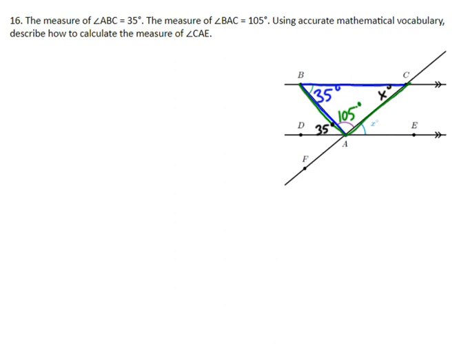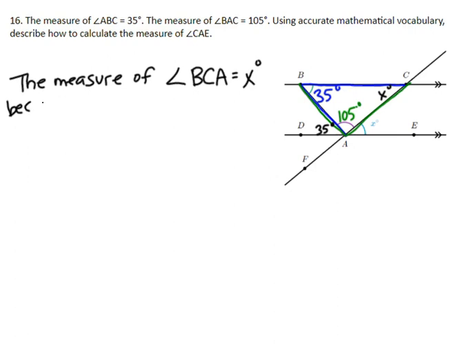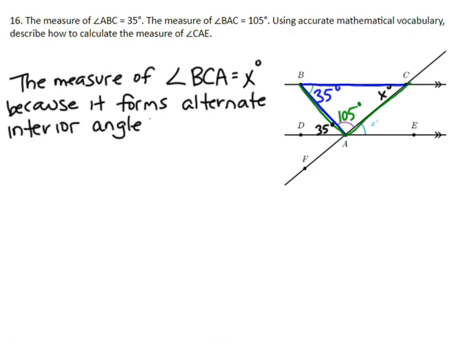So I'm going to say the measure of angle BCA is equal to x degrees because it forms alternate interior angles with this angle right here that's already labeled x, so angle CAE. Okay, so that's what allowed me to label that right there.